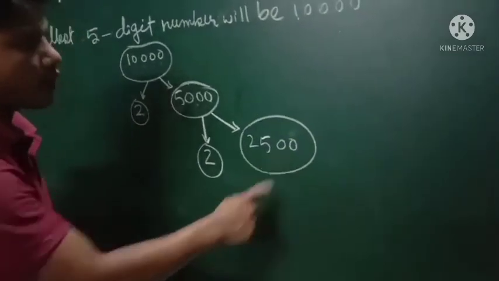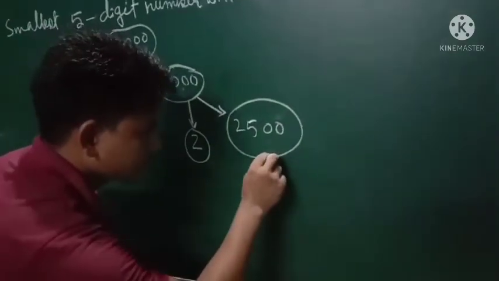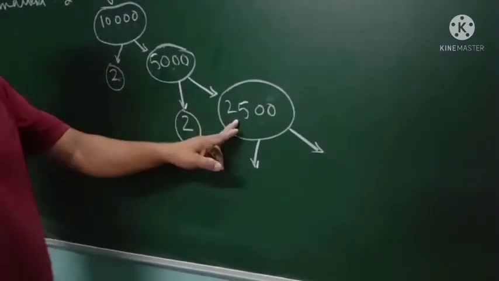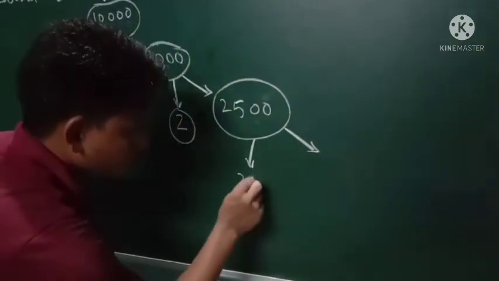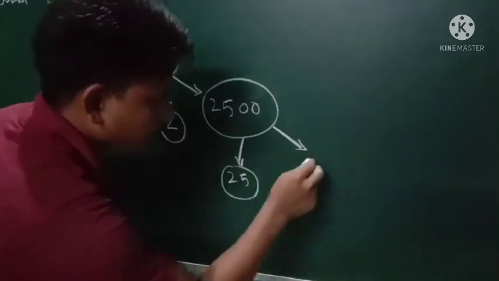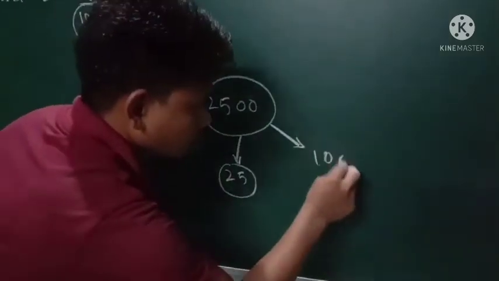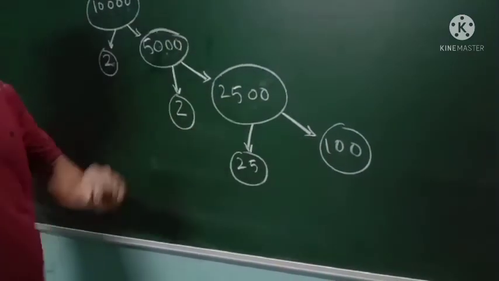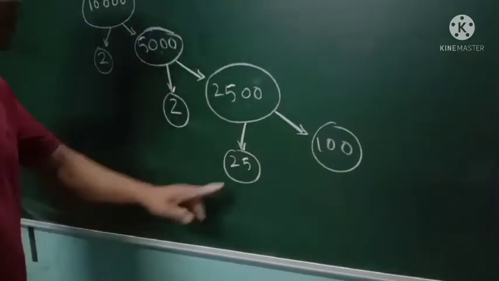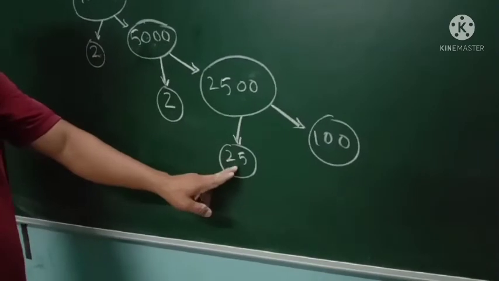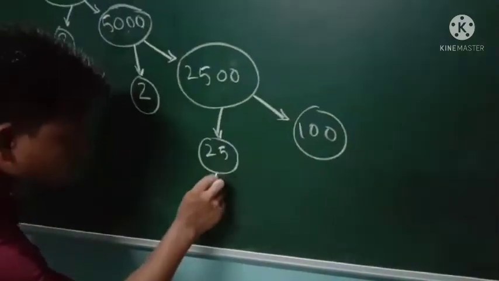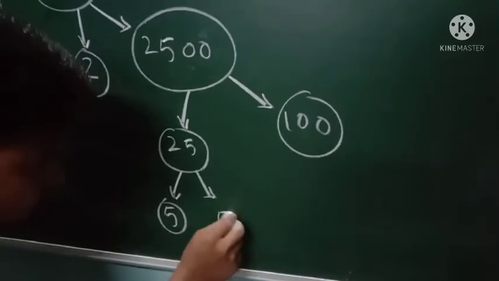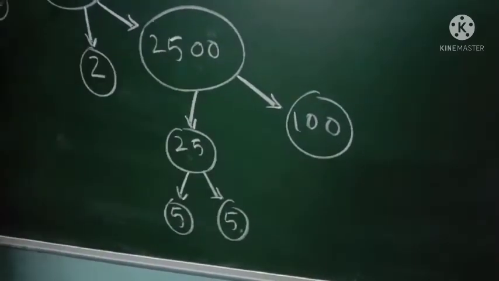From this 2500 you can divide again. This 2500 we can divide into 25 and this side 100. So 25 into 100, 2500. Next this 25 you can write again as factors, 5 into 5.